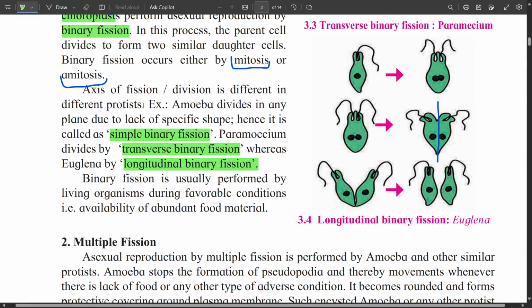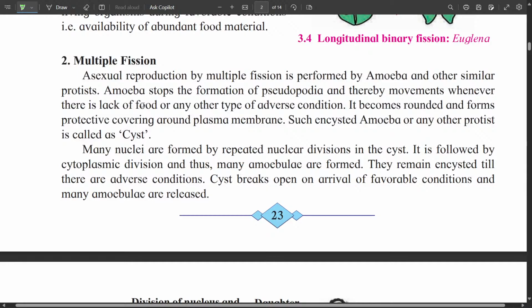So remember, for paramecium we have transverse binary fission, and for euglena we have longitudinal binary fission. In case of amoeba, it's a simple binary fission. No fixed plane is there. So this is about binary fission, the first method of asexual reproduction taking place in unicellular organisms. Second is multiple fission.